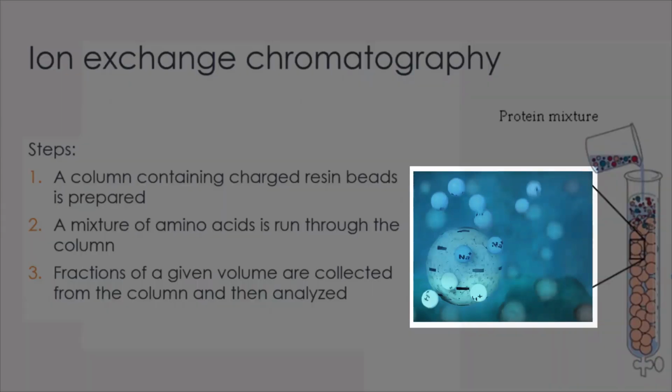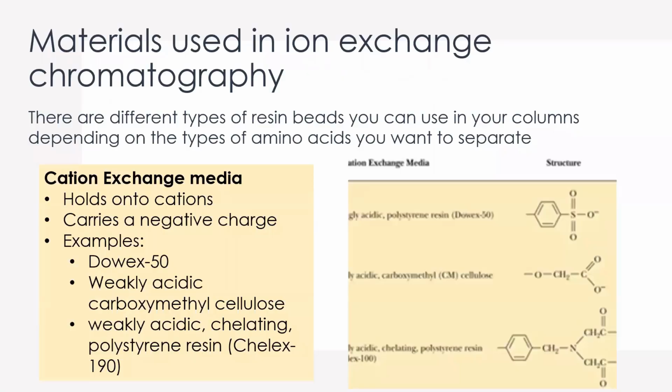In the middle panel, we're showing a resin bead that carries a negative charge. Note how positively charged species stick to this negatively charged bead. A cation exchange column holds on to cations and allows anions to pass through the column more quickly.